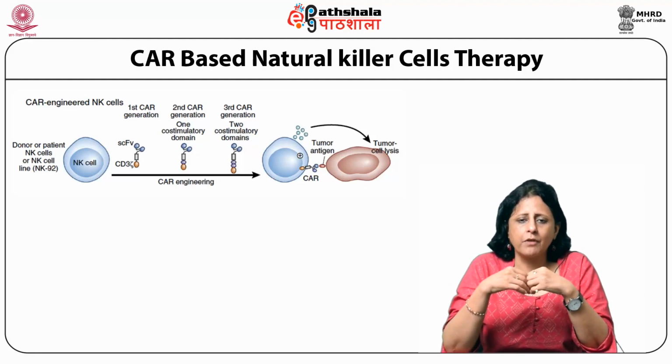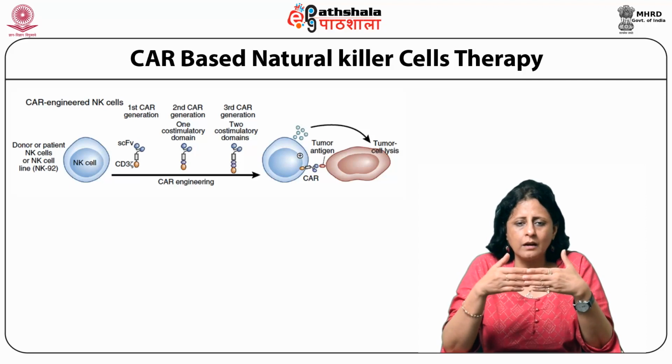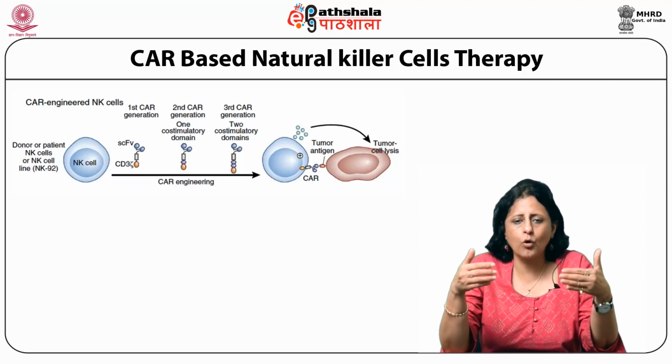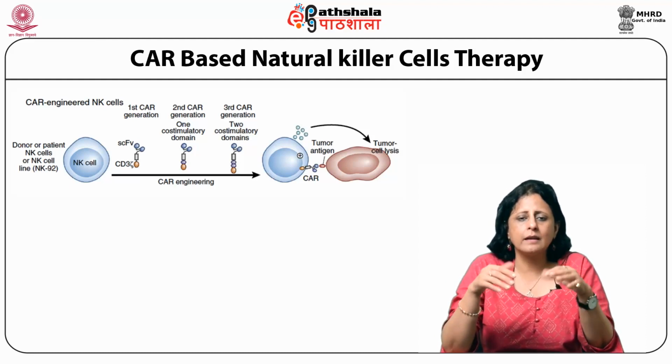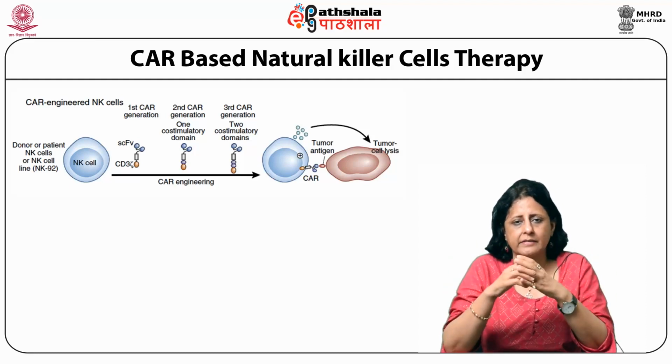CARs from the first generation have no co-stimulatory domain, whereas CARs from the second generation and third generation have one co-stimulatory domain or two co-stimulatory domains respectively. CAR engineering endows NK cells with antigen specificity.